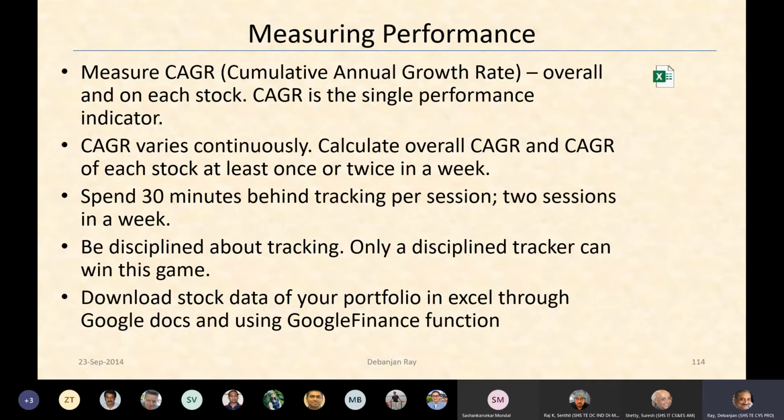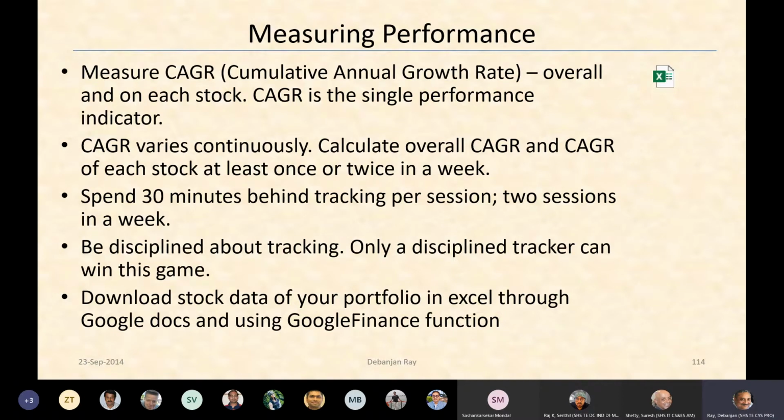That means it's not like today you have tracked, and then for 6 months you have not done anything. Tracking has to be done very, very regularly. As you know, many of the activities in our office, we keep a weekly call. Why? Because the weekly tracking is there. So you can also do weekly tracking, not exactly day-to-day tracking. It will be too much.